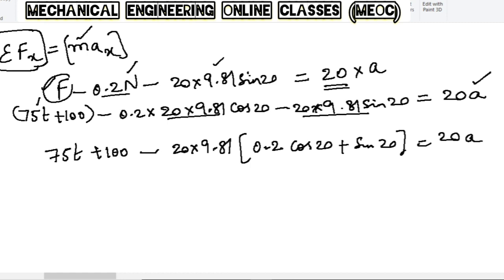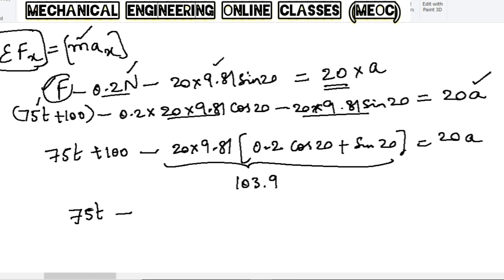On solving it, we get some 103.9. I am rounding it up to 104, so we have 75t minus 104 for easy calculation, and that is equal to 20a.